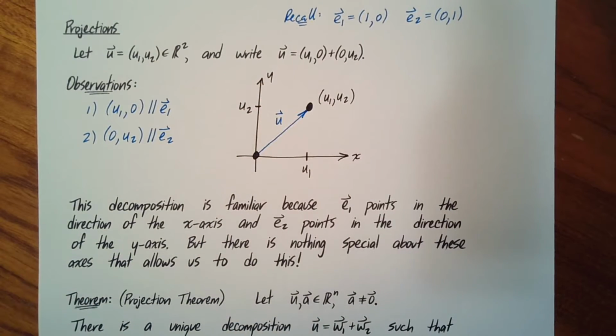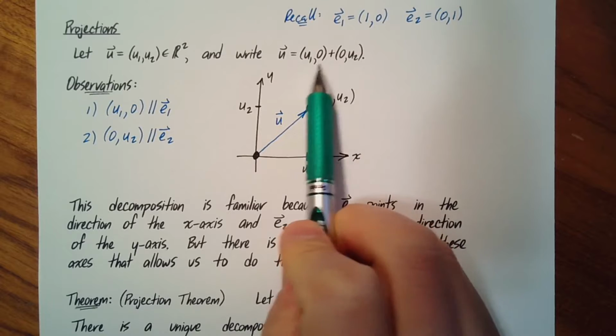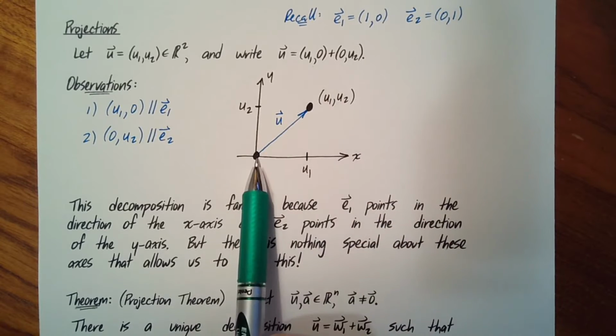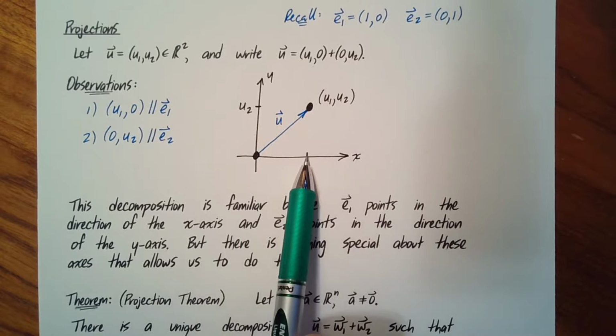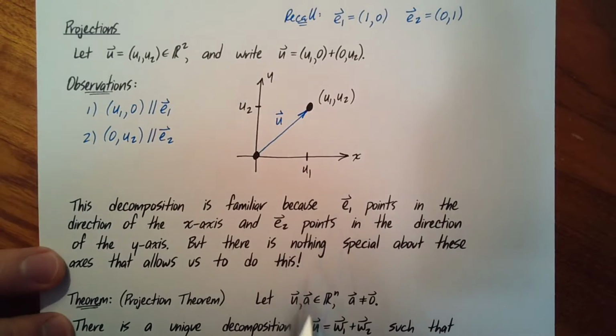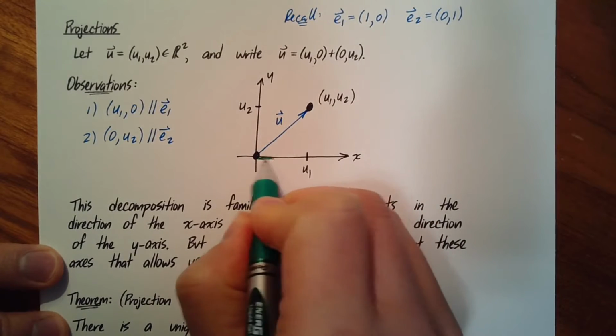All right, let's draw these two vectors now. This vector u1, 0, if I draw that starting at the origin, is going to have a terminal point right here, on the x-axis, right at the point u1. So this is the first vector.